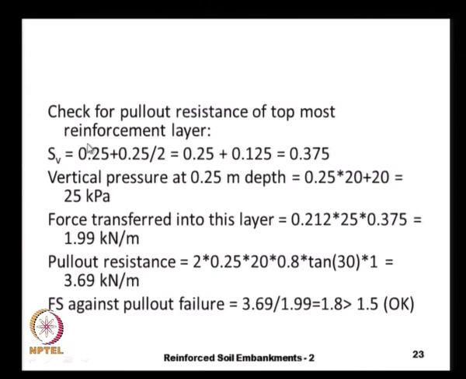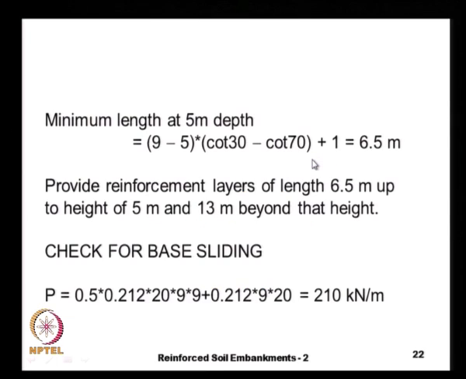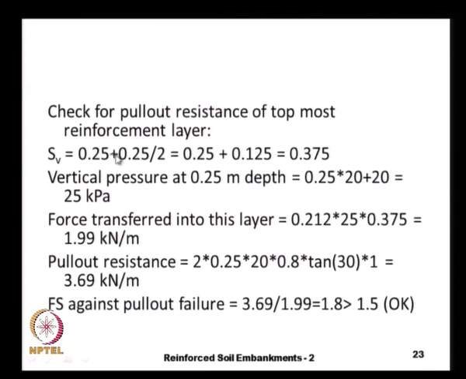Let us check the topmost reinforcement layer. The topmost reinforcement layer takes the force that is coming from the soil above this reinforcement layer, and the force over half the spacing to the next bottom layer. And so SV is 0.25, that is the height of soil above that particular layer, plus 0.25 by 2, that is 0.375.